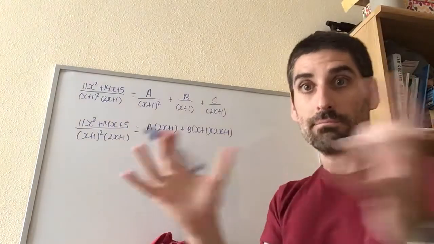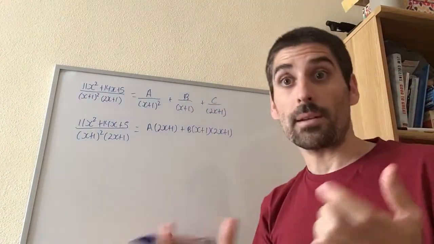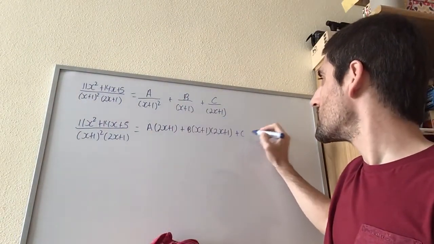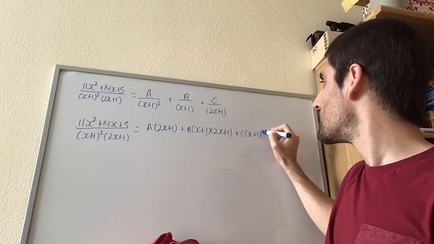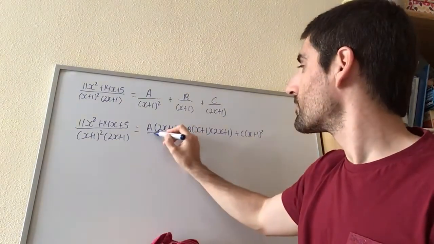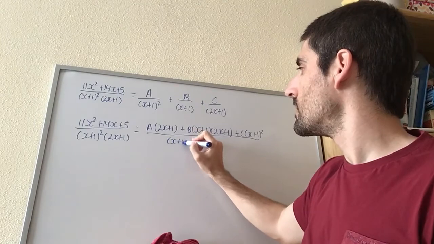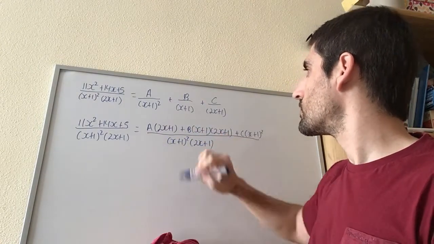I'm hoping that adding those 3 algebraic fractions is not causing anyone any breakdowns. And then c times x plus 1 squared over the common denominator, which is x plus 1 squared times 2x plus 1.